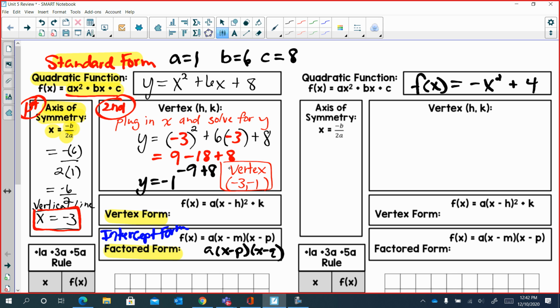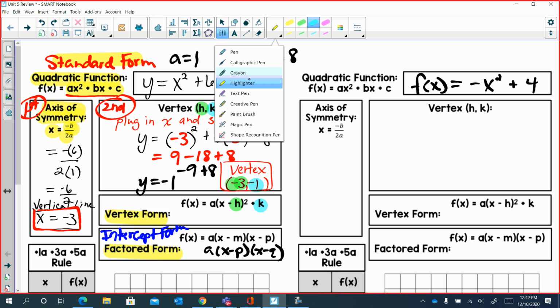Now, don't forget, guys, your vertex represents the H and the K, right? Your H goes inside the parentheses squared. Your K is outside. So if I look at my vertex, my H is a negative 3. My K is a negative 1, right? And we already know A is 1. So I don't need to really write that.